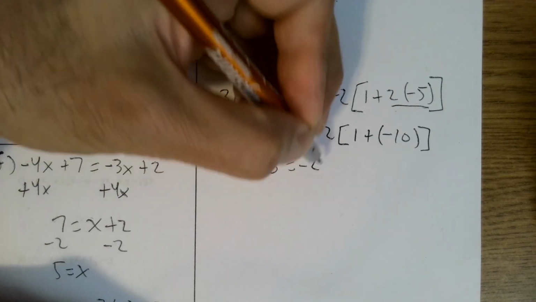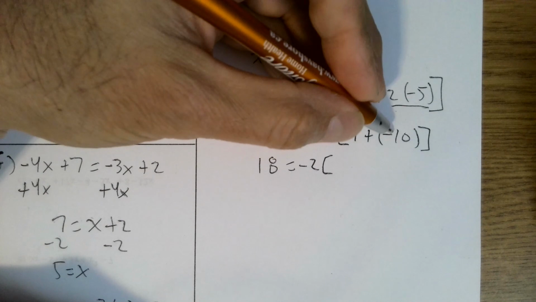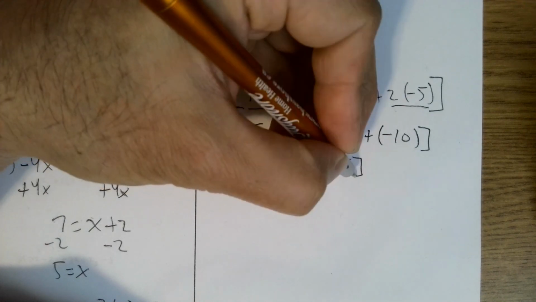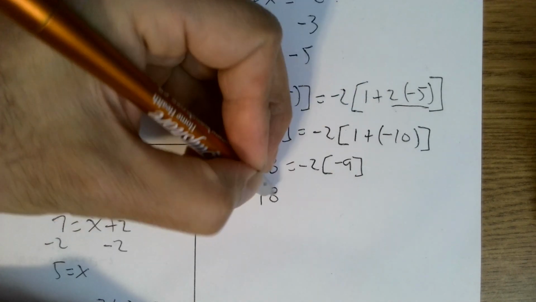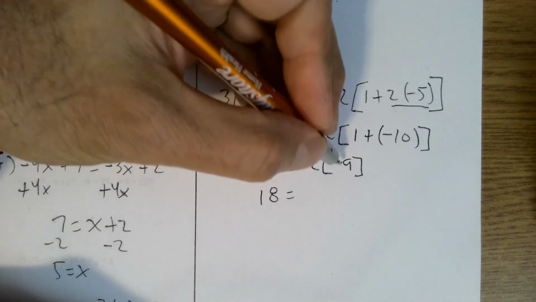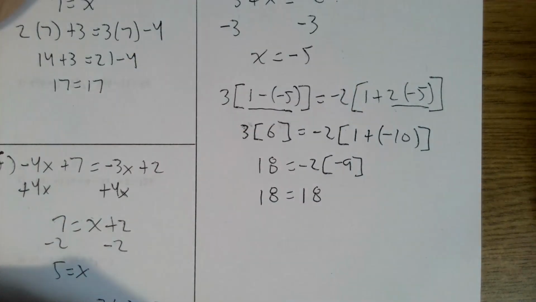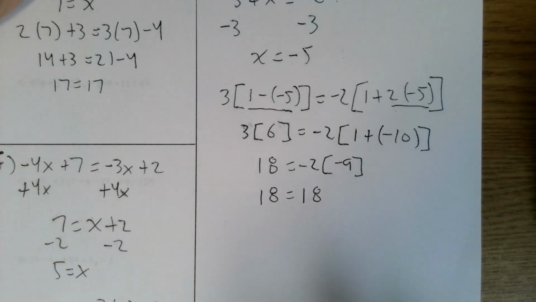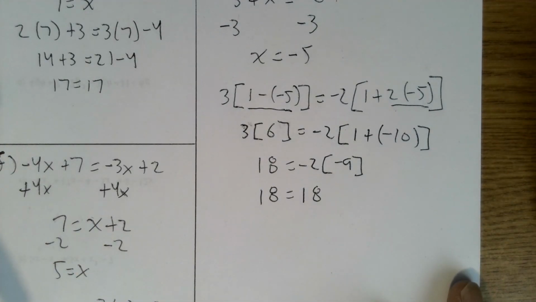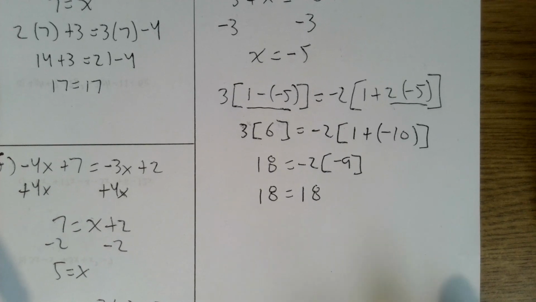Equals negative 2. 1 plus negative 10 is negative 9. 18 equals negative 2 times negative 9, which is 18. Perfect. So when x equals negative 5, our equation is true. So x equals negative 5 is a solution to the equation.